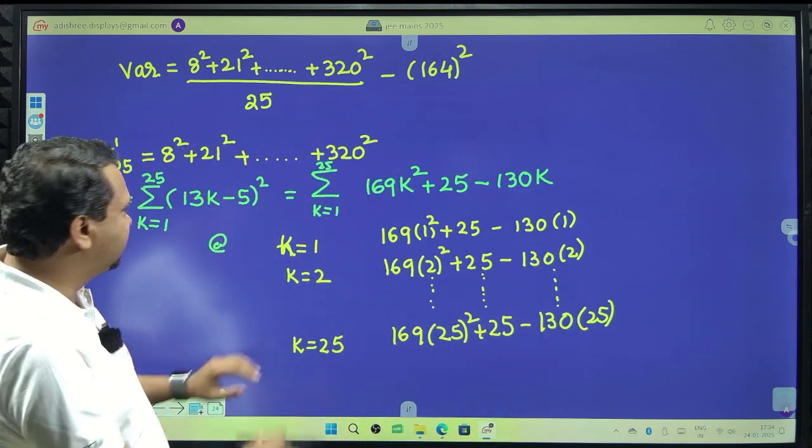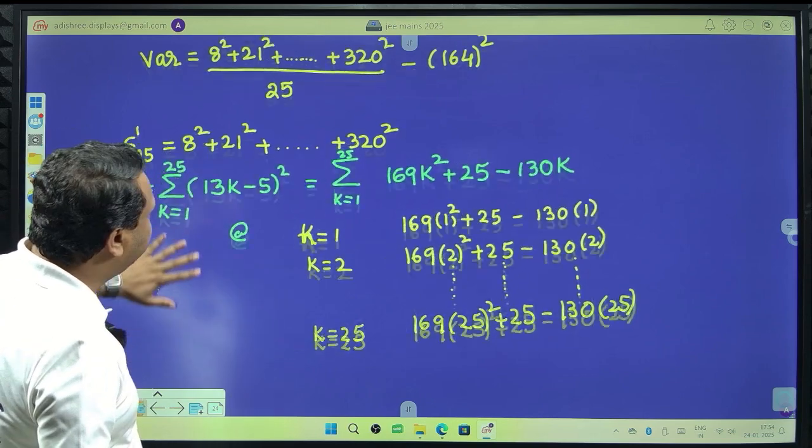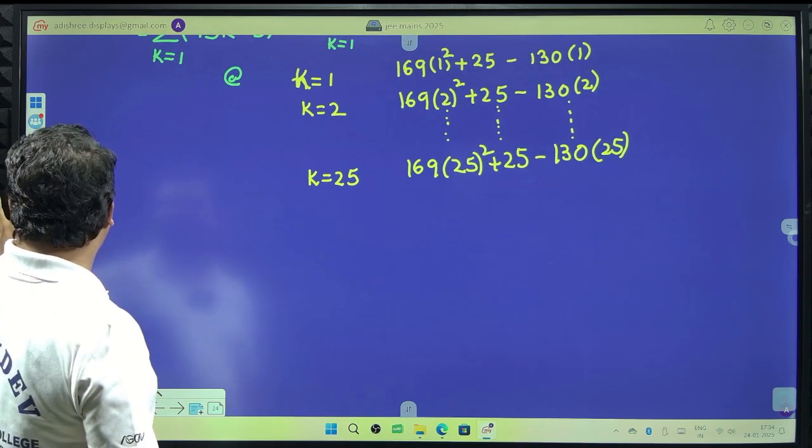I repeat, you are adding all these terms. When you add it, please observe carefully.